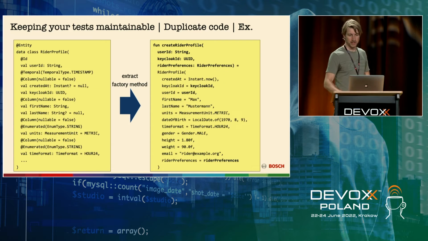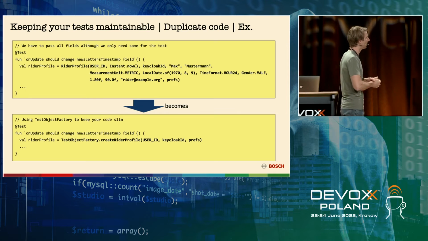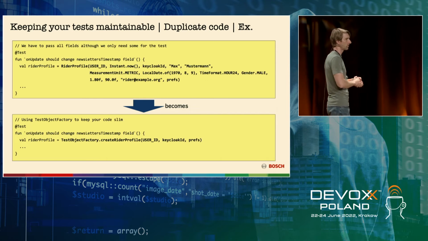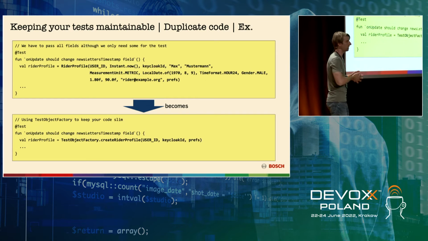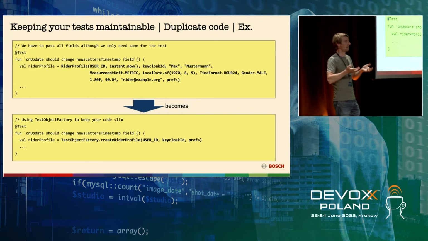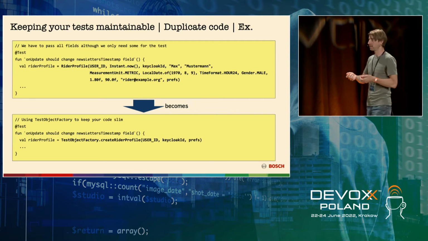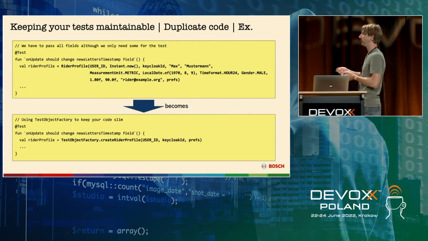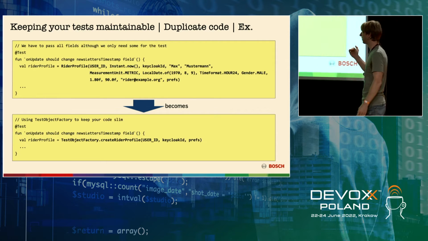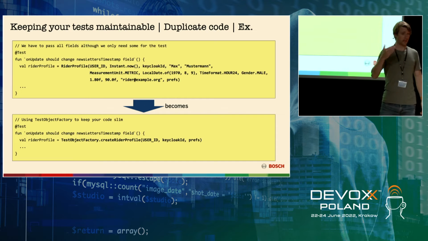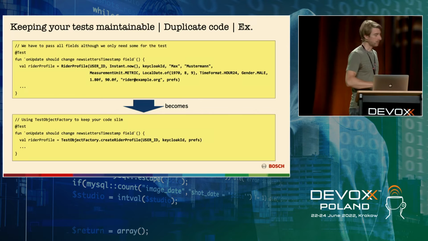And then we can create the object in a really nice and simple way. At the top, you see the old code, with all that bunch of parameters that are not important for our test, but are there anyway. So this creates a lot of noise. It's way harder to understand. And at the bottom, you see, okay, this is really simple. It's just one short line. I can see very quickly what that does.